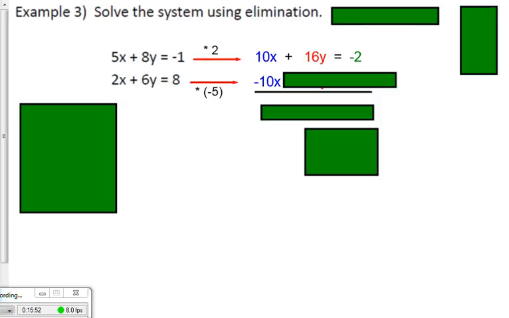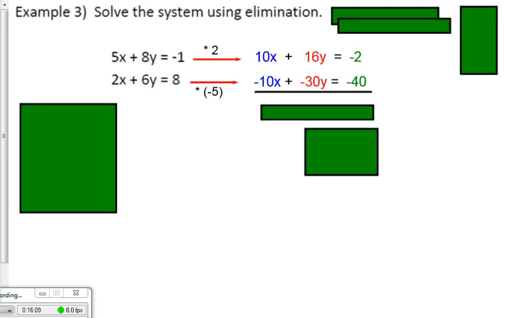Okay, moving right along, we have this 6y being multiplied by negative 5. That's going to become negative 30y. 6 times 5 is 30. Positive times negative is negative, so negative 30y. And 8 times negative 5, again, it's going to be a negative 40.